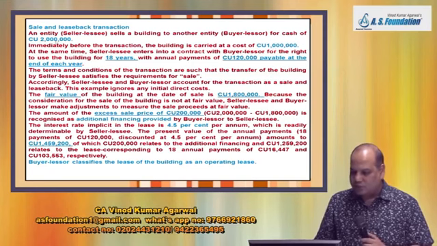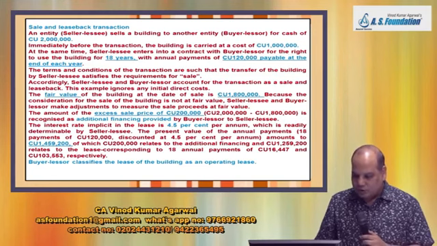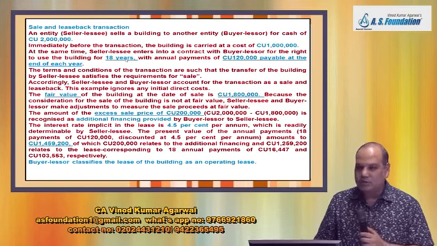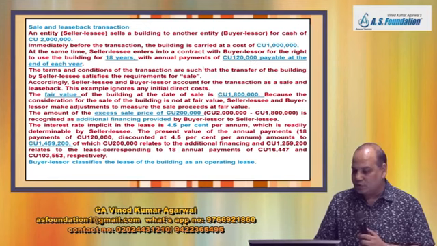This is carrying amount, this is sale value. At the same time, the seller lessee enters into a contract with buyer lessor for the right to use the building for 18 years with annual payment of 1,20,000 payable at the end of each year.